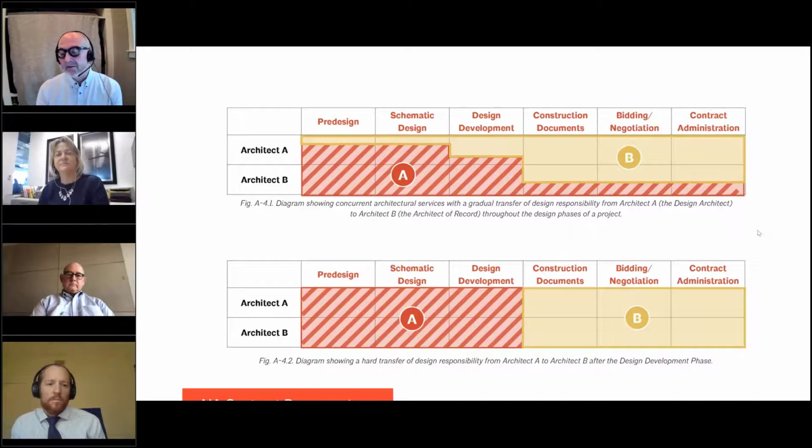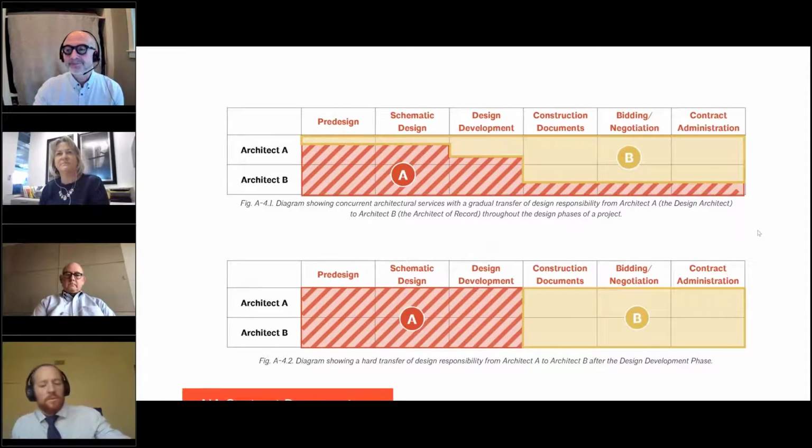That one really lends itself rather well to the cutoff, and in those cases there isn't a transfer package. There's just the documents that the first architect creates and the second architect picks up to do their work within that core and shell. So the B103 or maybe even the B101 might be applicable in those cases.